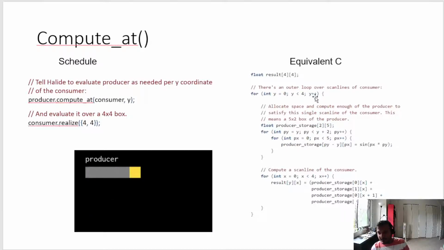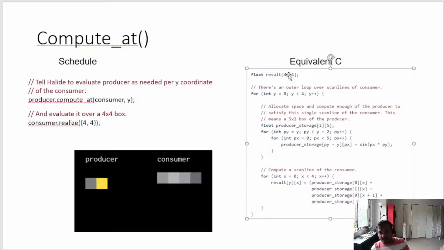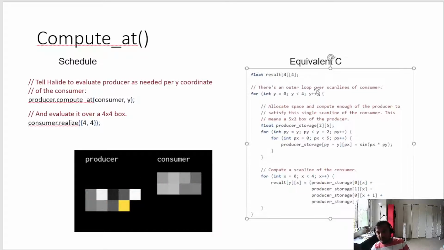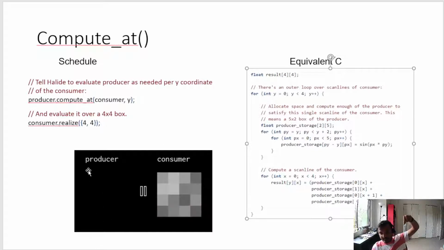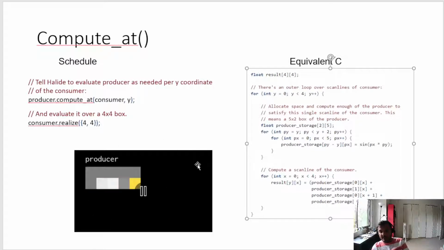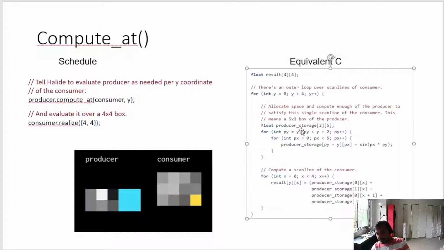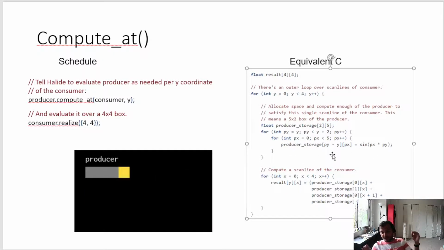Now the equivalent code looks like this. We compute the result matrix, and I have an outer loop that goes over the y. Remember, y is the one that's going down, x is the one that's going to the right. It's like a row-major read. Now I create a temporary variable, which is my producer storage, and I store the two rows of the producer in it.